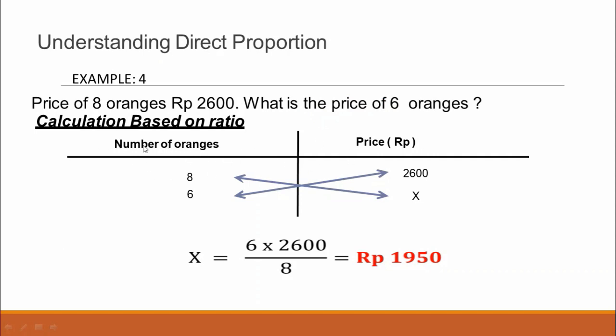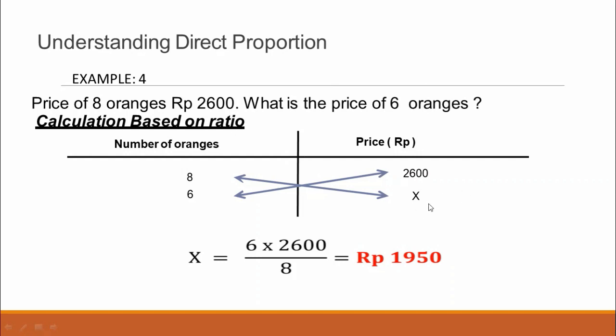In the first column, put the number of oranges, and in the second column, put the price. In the first sentence there are 8 oranges, and in the second sentence there are 6 oranges, and in the first sentence the price is 2600, and in the second sentence the price is unknown.